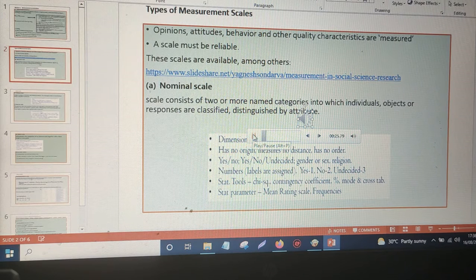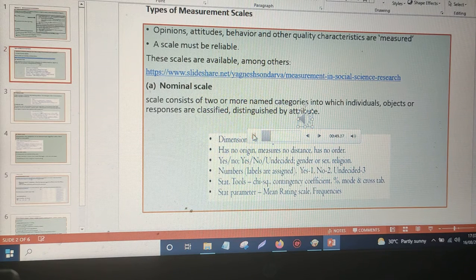Whatever happens, the rules of measurement must be upheld as much as possible, and I have said before, the scale must be reliable. These scales are available, among others. If you go to the link provided, you can check out the scales for further reading.